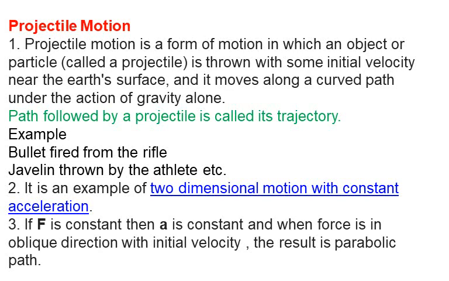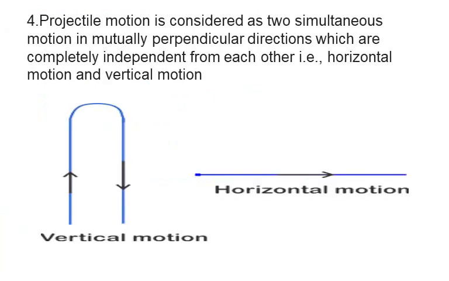The principle of physical independence of motion is: in the absence of air resistance, the motion of the projectile is considered as the combination of the following two independent motions: motion along the horizontal direction with uniform velocity, and motion along the vertical direction under gravity, that means with uniform acceleration equal to g.